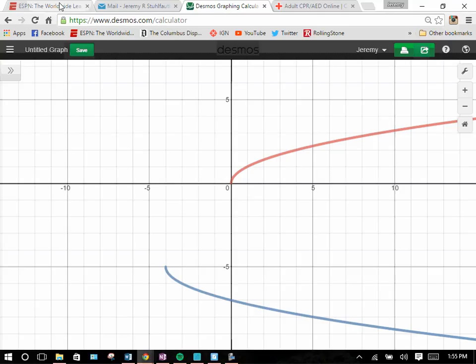All these positive y values are changing to negative, so I just put a negative sign. Negative x, and then plus minus negative.